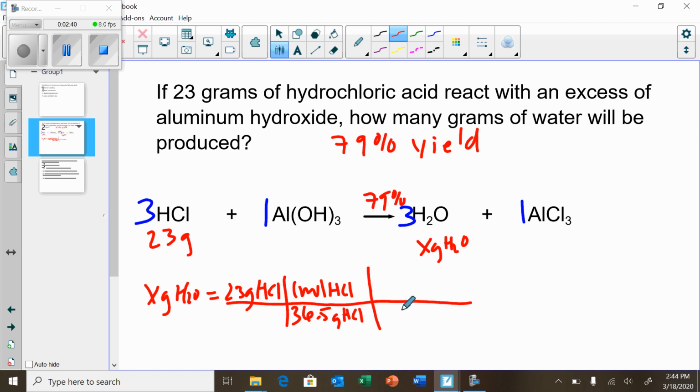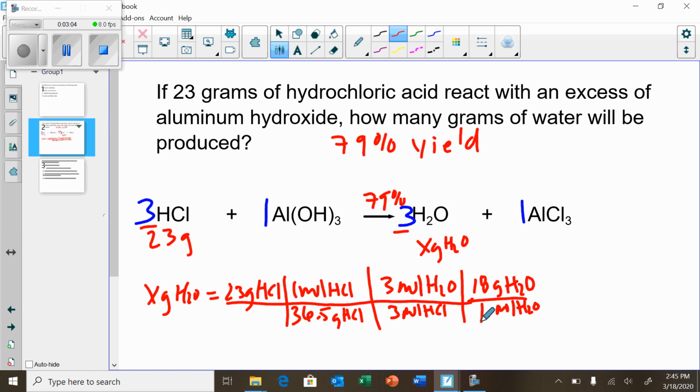And then I'm going to go from moles of HCl to moles of water, which is a 3 and a 3. And then I'm going to go from moles of water to grams of water, which is 18 grams per 1 mole using the molar mass of water.